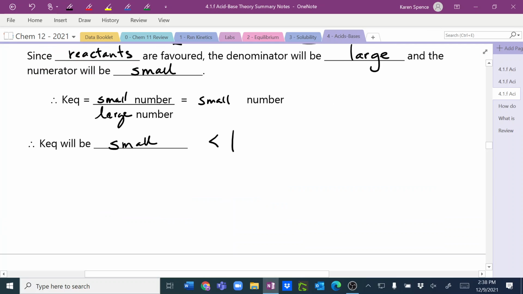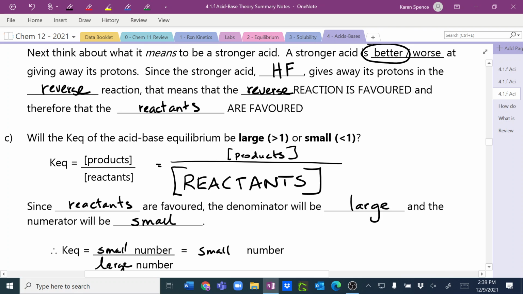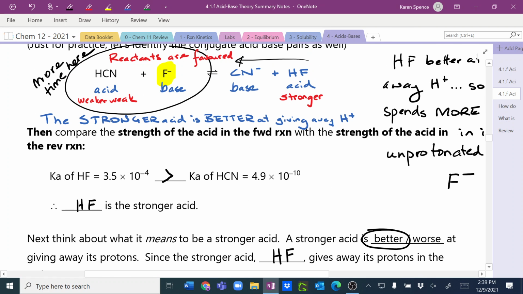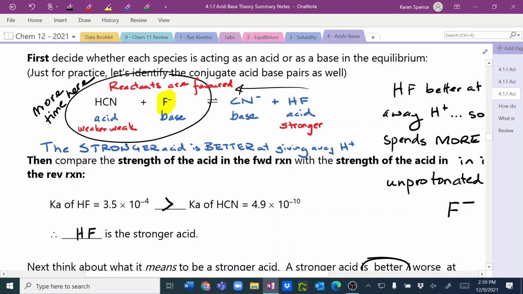So a couple of things that we should notice here before we flip to the next page. So don't flip just yet. If HF is the stronger acid, what can you say about its conjugate base, F minus? Is it the stronger conjugate base or the weaker conjugate base? It is the weaker conjugate base.